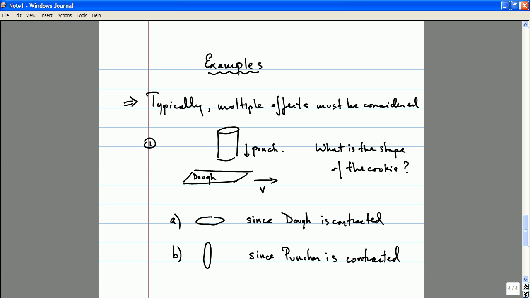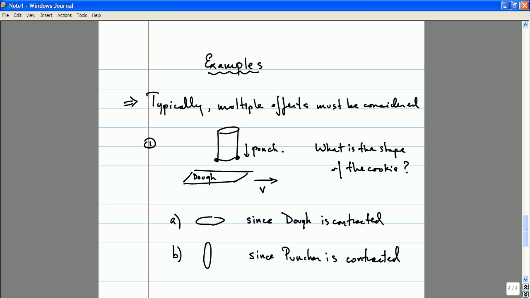Simultaneity. Because when you say, so let's imagine from the point of view of the puncher. Okay. From the point of view of the puncher, the two endpoints, let's say that we have the left-hand side of the puncher and the right-hand side of the puncher, they're going to hit the dough simultaneously.